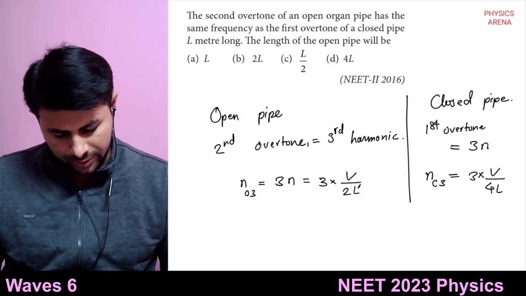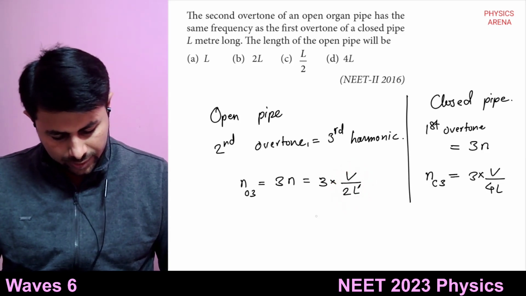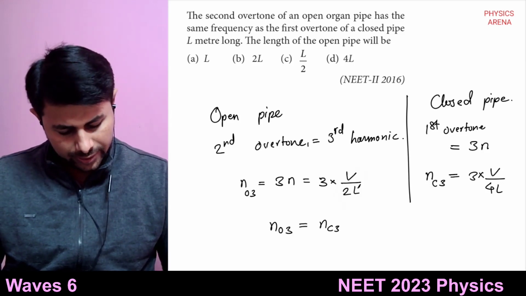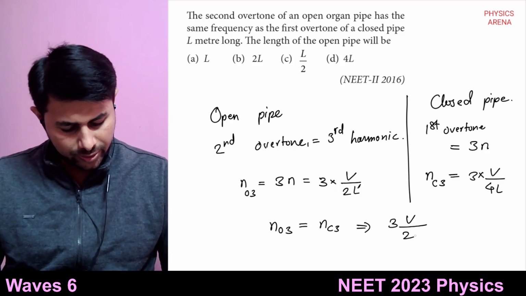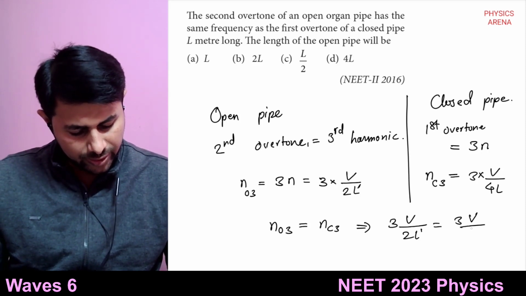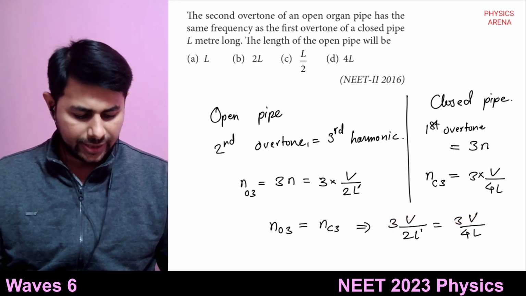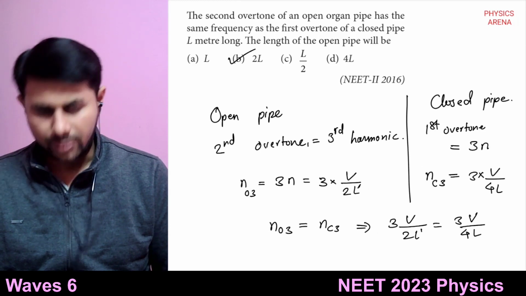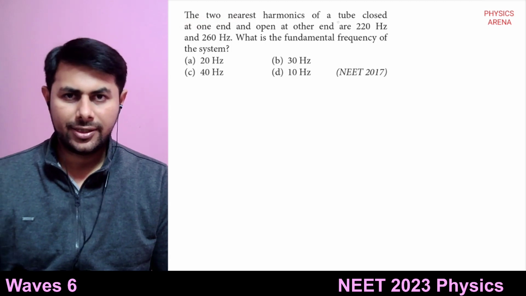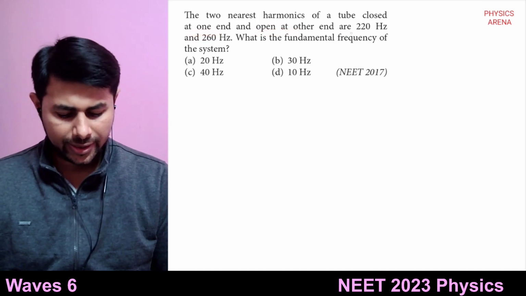So NO3 is equal to NC3, that is 3 times V upon 2L dash, where L dash is the length of the open pipe, equal to 3 times V upon 4L. So 3V gets cancelled. 2L dash is equal to 4L. That means L dash is equal to 2L. Option B.